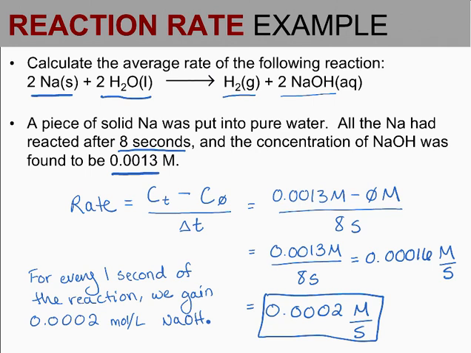So for instance, once we start to run out of reactants, the reaction will naturally slow down because we don't have that many reactants left. So the average rate might decrease over time, and that's okay. But if we're just looking at those specific 8 seconds that we were told about, then we can calculate the specific average rate for that 8 seconds.